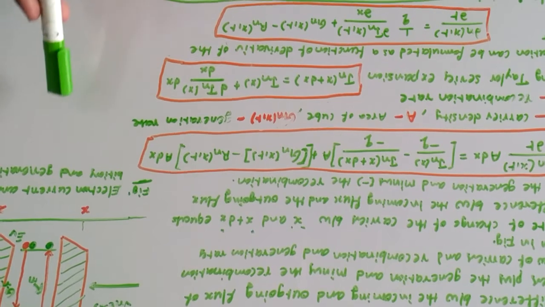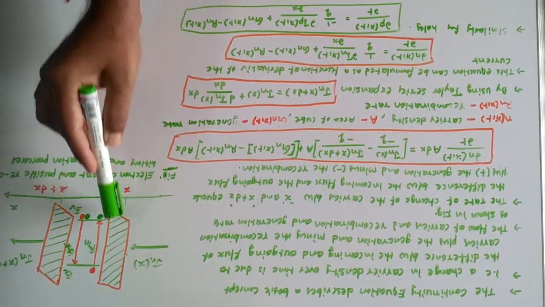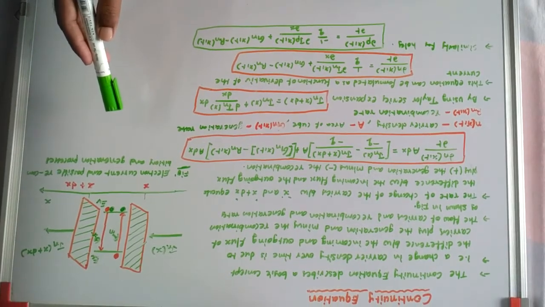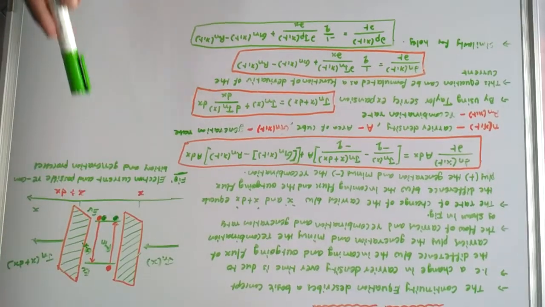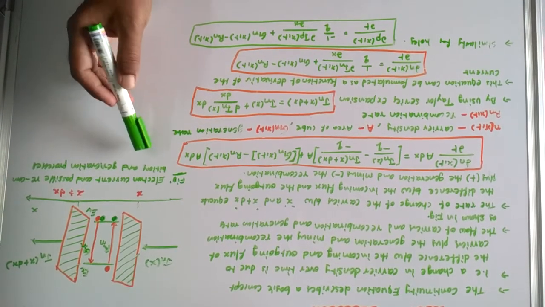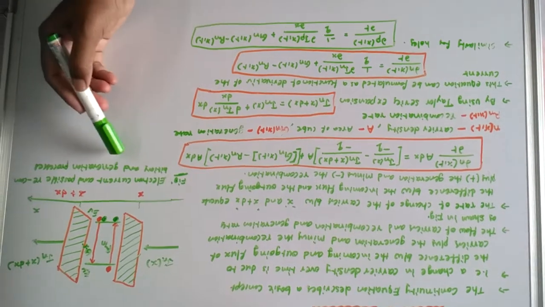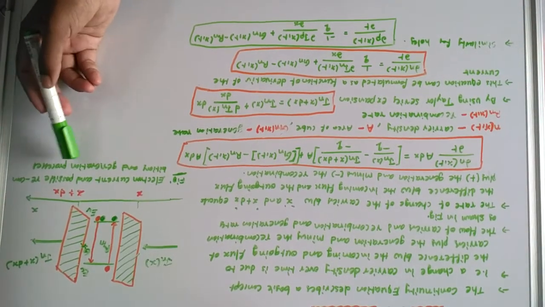See the diagram. This one is the cubic box. This diagram represents the electron current and possible recombination and generation process.